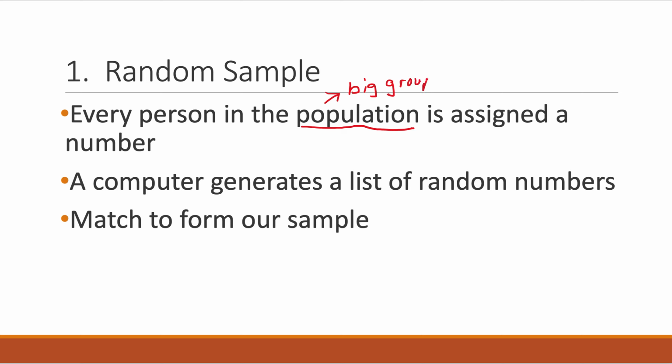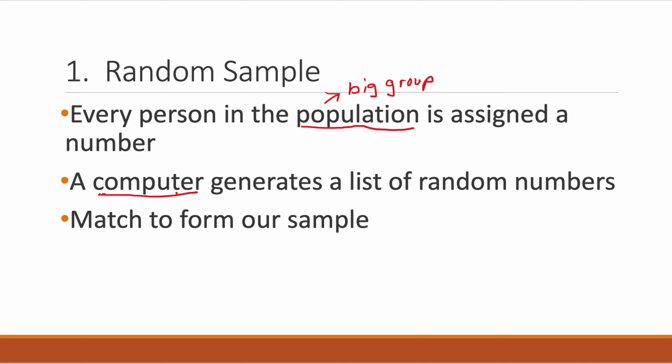So what we're going to do is take that big group and give everybody in that big group a number. And then the key for a random sample is that you're going to have a computer, or a calculator, or maybe a box filled with numbers, something that is going to generate some random numbers.